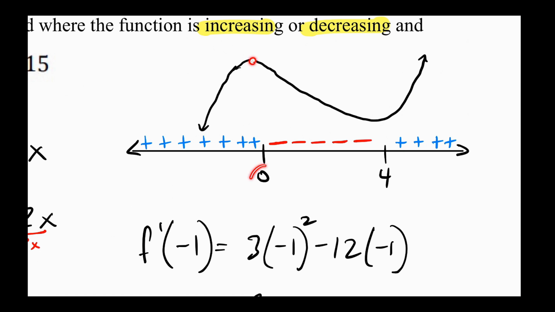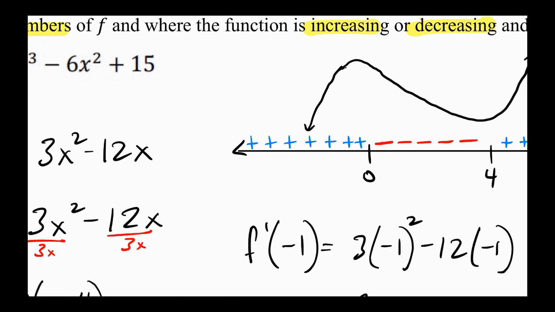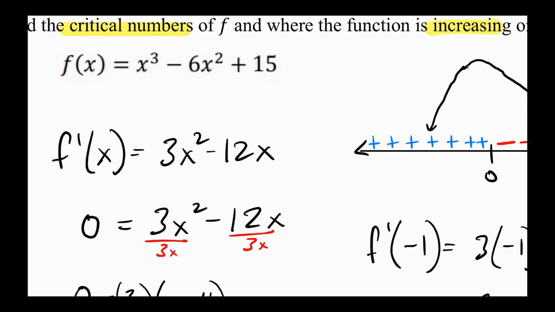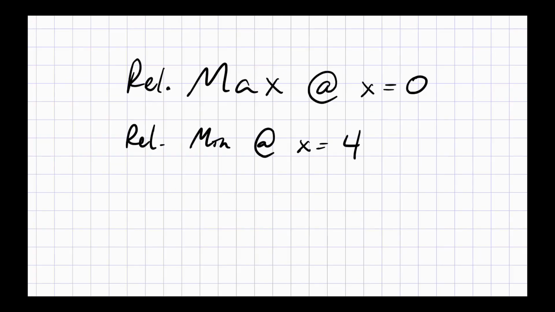Plug in 0 to the original equation, and that'll get you that value. It would be 0, comma, I think 15. 0, comma 15. And then 4, you would plug in 4 here. You would get 4, comma something. I'm not that good. I can't do that in my head, but you would get 4, comma something. That would be the minimum. Okay. Sometimes they'll ask for that. Sometimes that's okay. You just don't know.